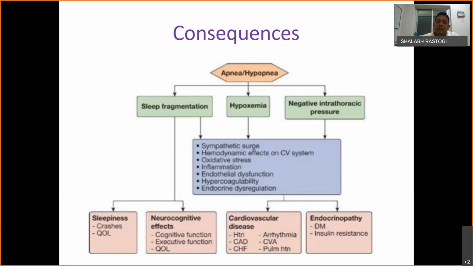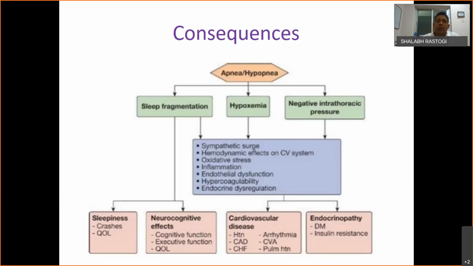And as I told you, endothelial dysfunction, which results in stroke, myocardial infarction, increased tendency for atherosclerosis, and increased sympathetic tone. All these things have a multifactorial effect. So in endocrine, they may cause insulin resistance and precipitate diabetes mellitus.